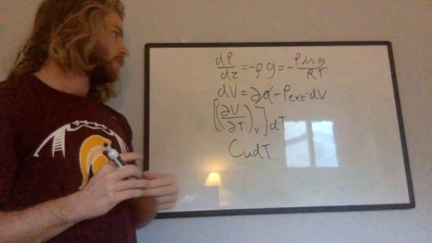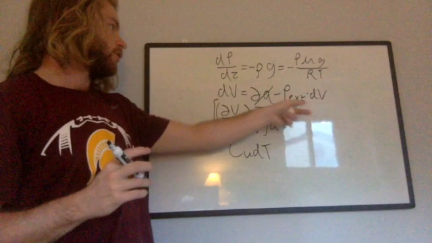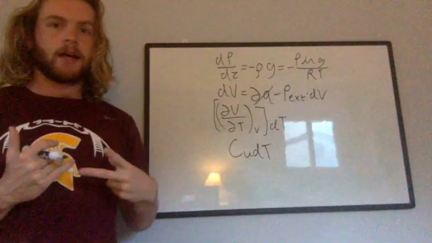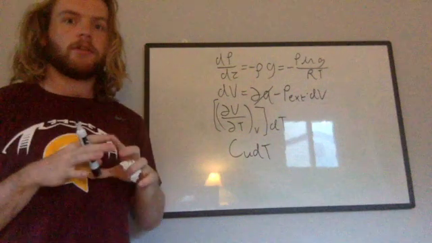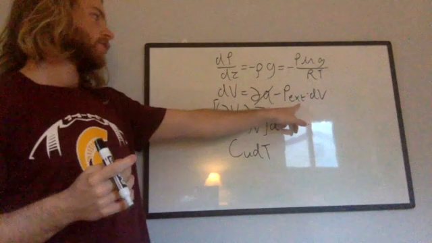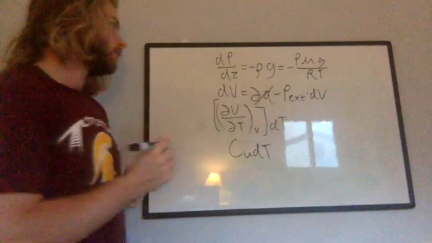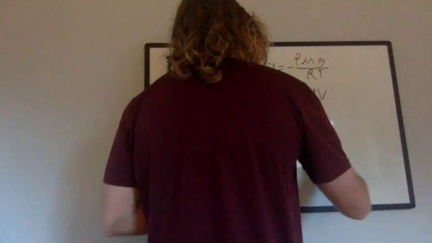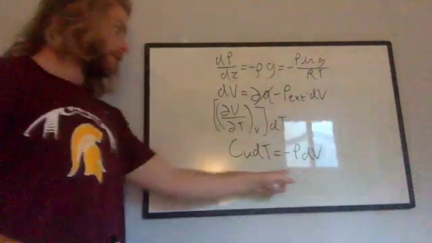And then over here, this external pressure, earlier we said that the pressure inside of our air bubble is going to be equal to the pressure outside of the air bubble. So we don't have to worry about this external part. We can just make this negative P right here. So our specific heat capacity term is going to be equal to negative P dV. There you have it right there.